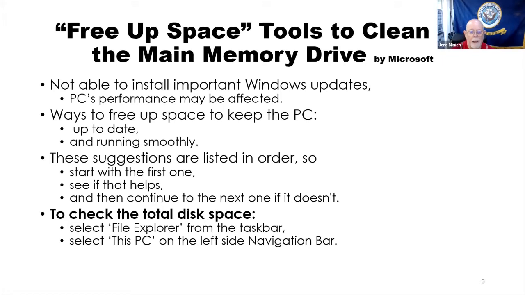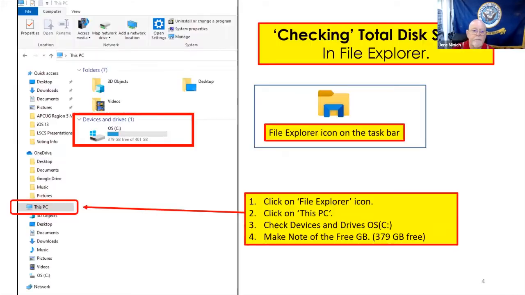Let's take a look at how we check the total disk space of our main memory. Well, down in the corner of your taskbar, there's a little symbol like here called the File Explorer icon.